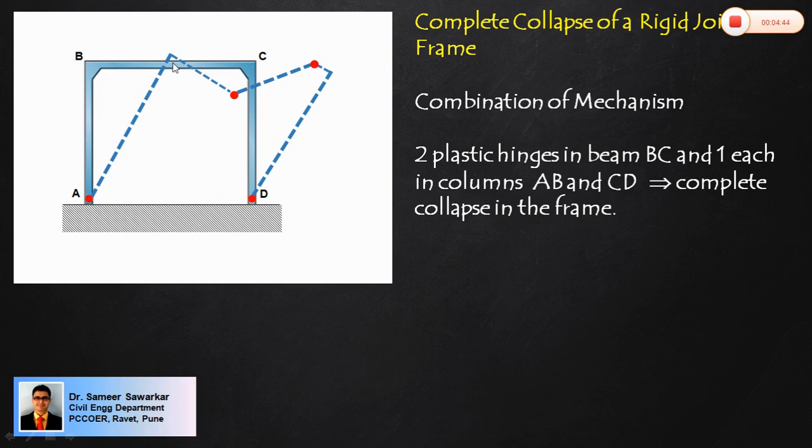And if you look at the overall shape, it reminds us of the sway mechanism of full collapse. So this is a combination of the two mechanisms, beam mechanism as well as sway mechanism, with formation of four plastic hinges leading to complete collapse of the entire frame.